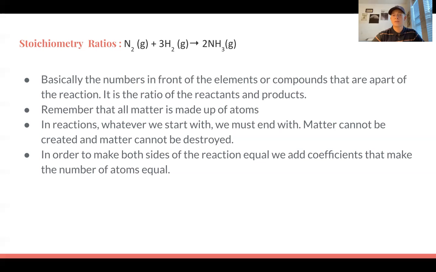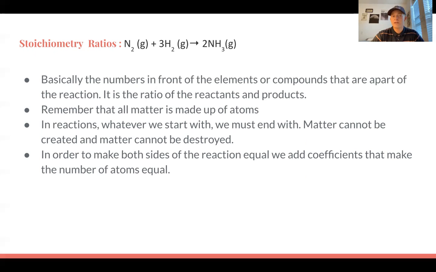Now, that doesn't mean there needs to be the same number of free, moving molecules or elements, but the actual amount of atoms from the beginning of the reaction to the end of the reaction has to stay consistent and equal. And in order to make both sides of the reaction equal, we add coefficients that make the number of atoms equal.